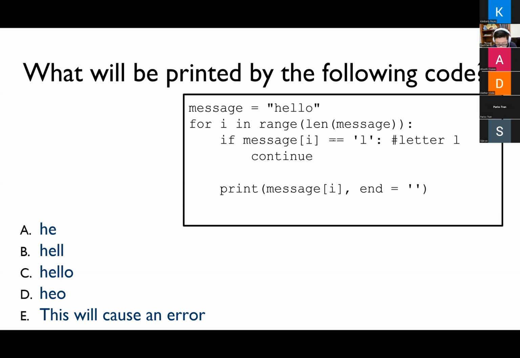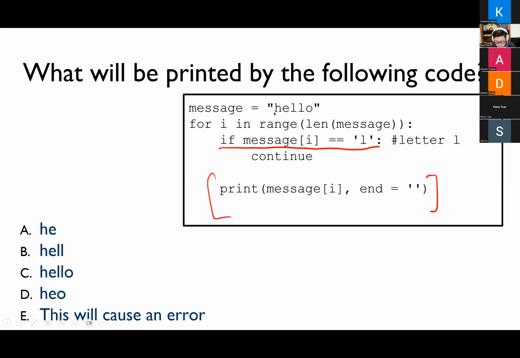So basically, you are going through every letter of hello, and the interpretation of this statement is, if you see L, you skip this print. That's basically what it is, because if you see L, you're going to do the continue. The effect of this continue statement is to allow you to skip the rest of the iteration.